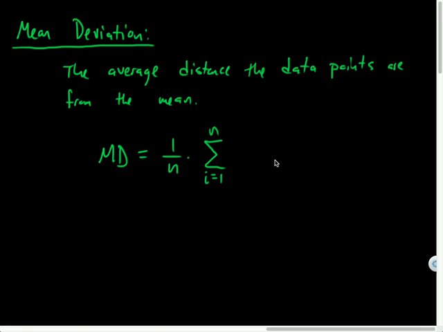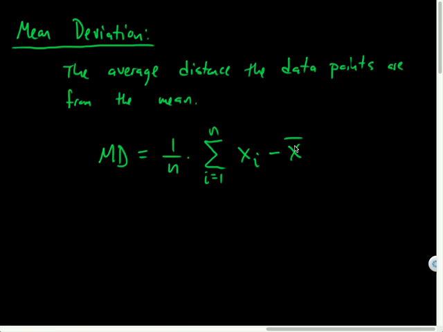But if I did x sub i here, don't write that part yet, this would just be straight up mean. But I'm not interested in the mean. I'm interested in the average distance my data was from the mean. So instead, I take my data point and subtract the mean from it.